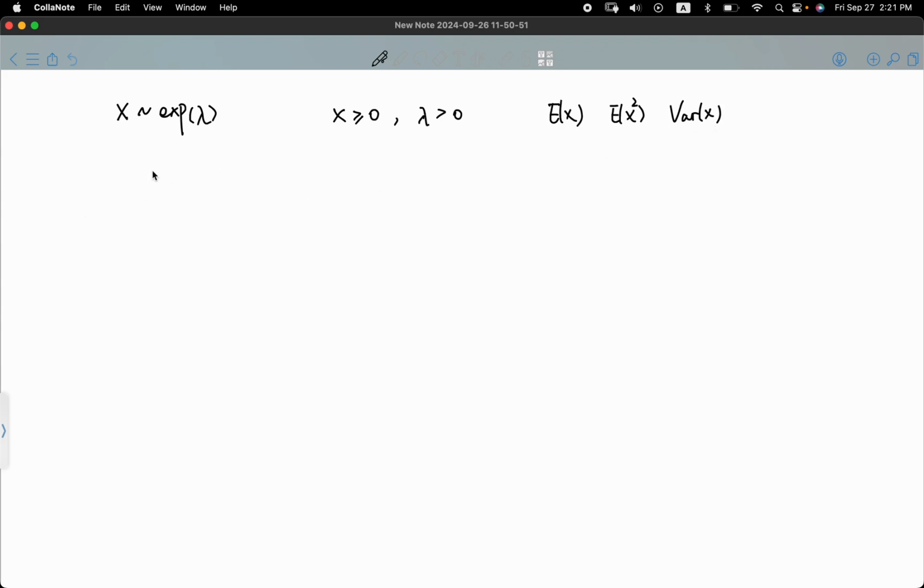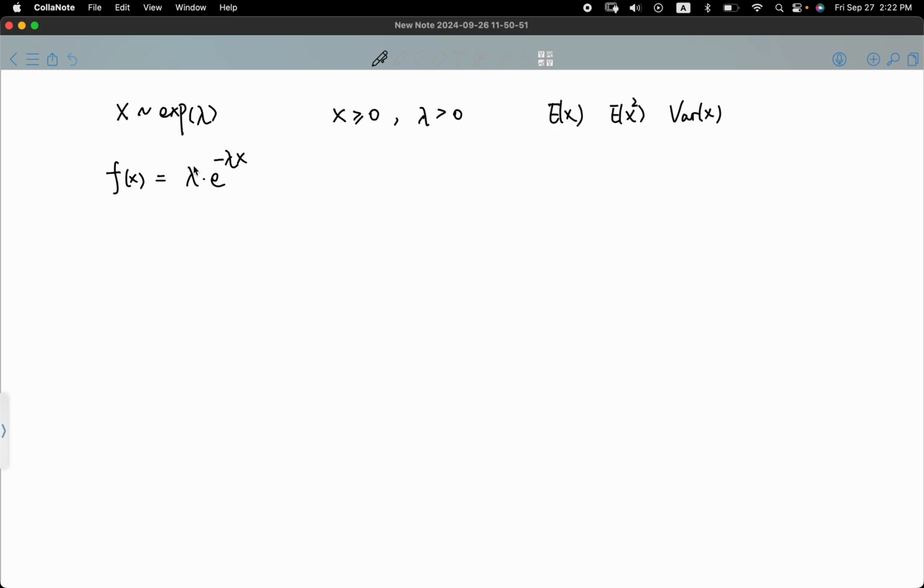So for a continuous case, let's first write down the probability density function. What we have is lambda multiplied by e negative lambda x. So this is the PDF for an exponential distribution.